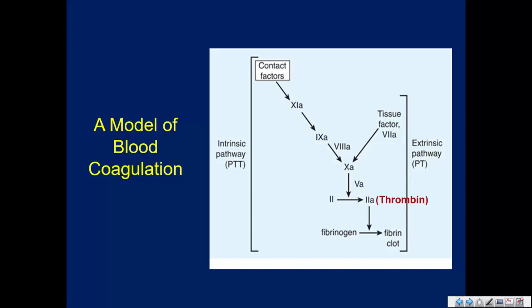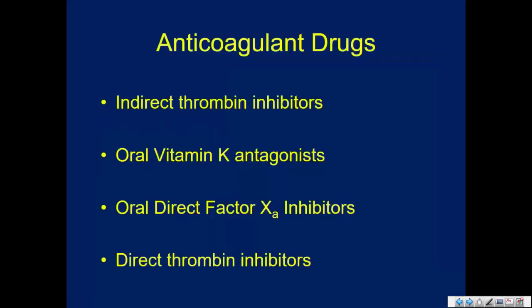Others might make you responsible for it. But again, I want you just to know this part, 2A, antithrombin, and thrombin's activation of fibrinogen into the fibrin clot. This might be important, by the way. The pathologists tend to like this because a lot of the laboratory tests on blood coagulation factors are revealed in this figure. So it might be helpful for you.